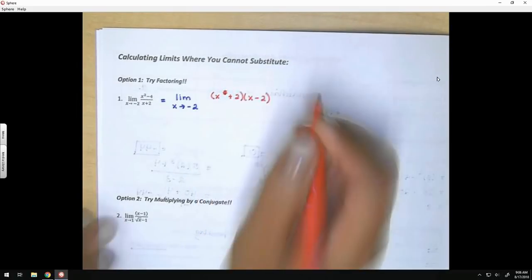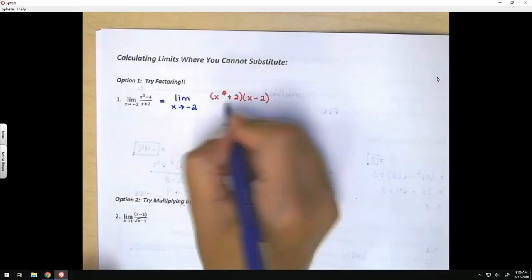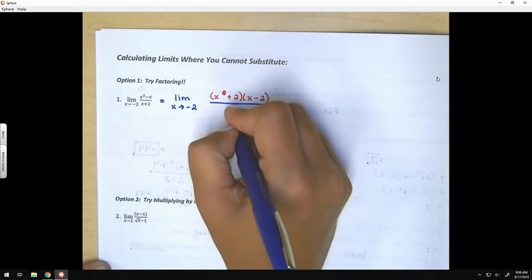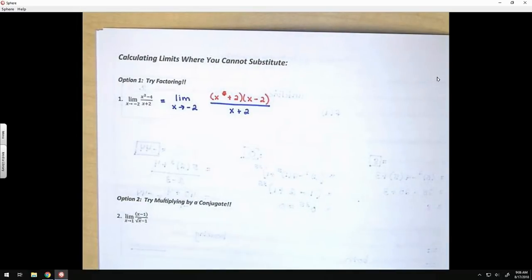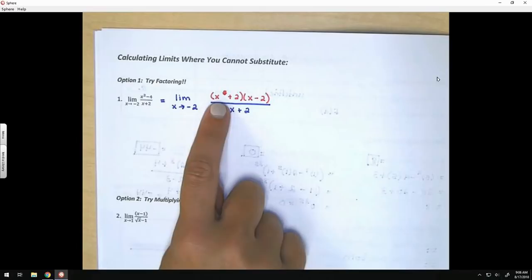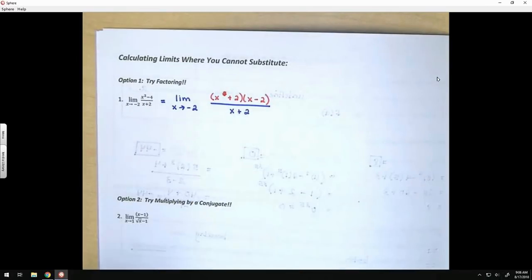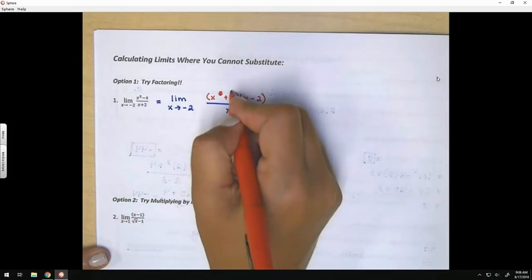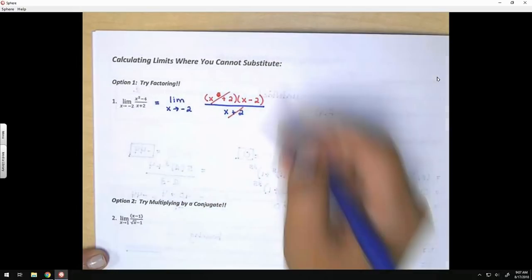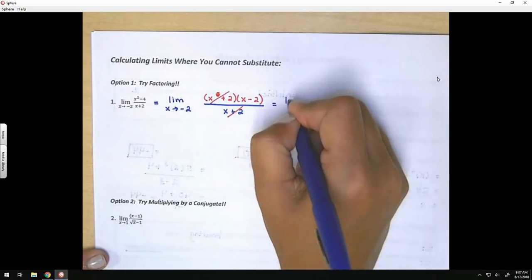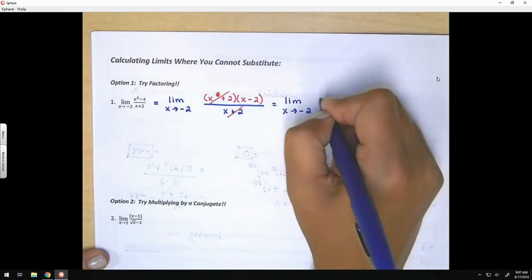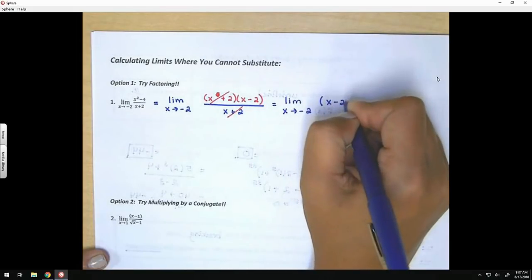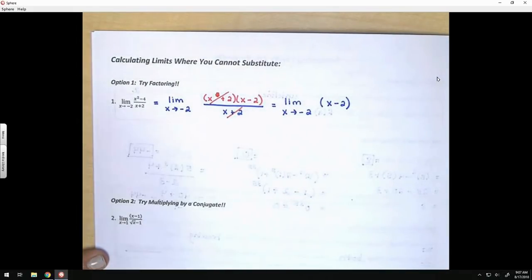And in the denominator, I'm just going to keep the x plus 2 that was already there. Now what I see is that there is a factor of x plus 2 in the numerator and a factor of x plus 2 in the denominator. So I'm going to cancel those factors, and I'm going to write down my simplified limit. This would simplify to the limit as x approaches negative 2 of just x minus 2, because the x minus 2 was the only thing that was left here that didn't cancel.